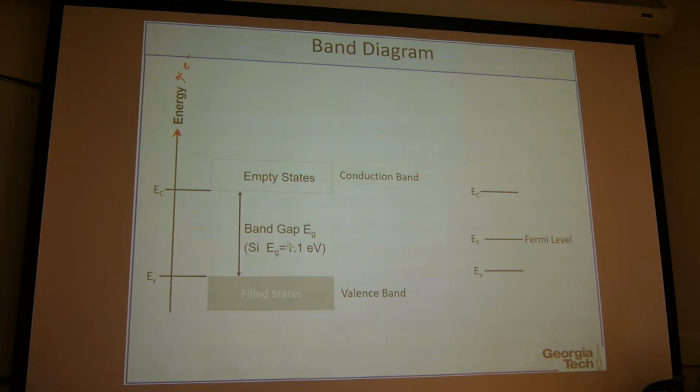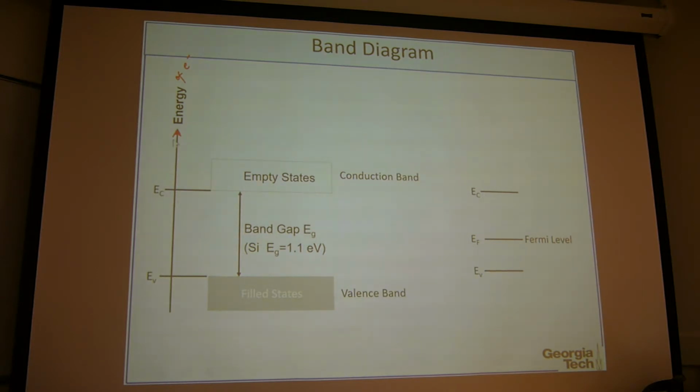And we have seen the filled states and empty states, those two bands, and the band gap in between. Here we are going to give a name to the empty states, and we call it the conduction band. And for the filled states, we call it the valence band.